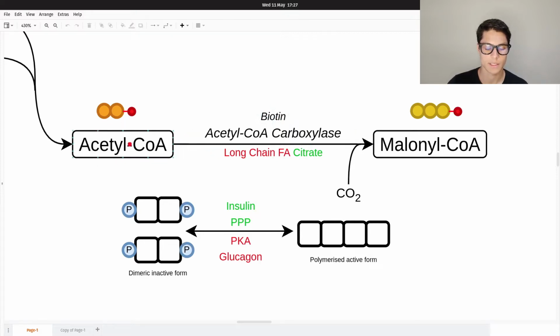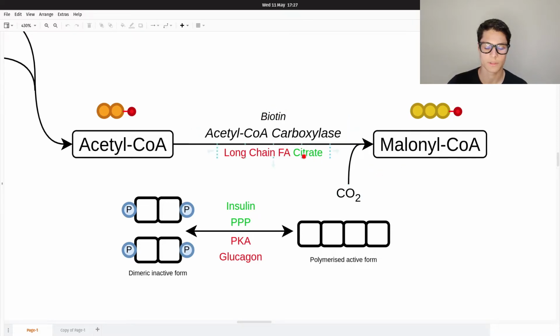This enzyme is adding a carbon to the acetyl-CoA. It is inhibited by long-chain fatty acids. Why? Because malonyl-CoA will be an ingredient, if we can say that, to create new fatty acids. That makes sense, because if we already have fatty acids, there is no point in creating more.